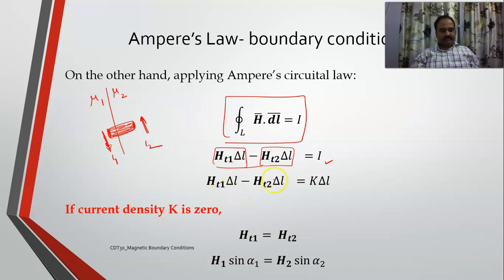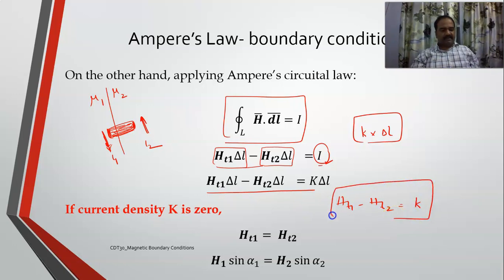So if I consider current also in terms of my length, I'll get it as K into delta L. So if I substitute it here, if you take delta L as common, what I'll be getting is Ht1 minus Ht2 is equal to K, where K is nothing but my current density. Okay.